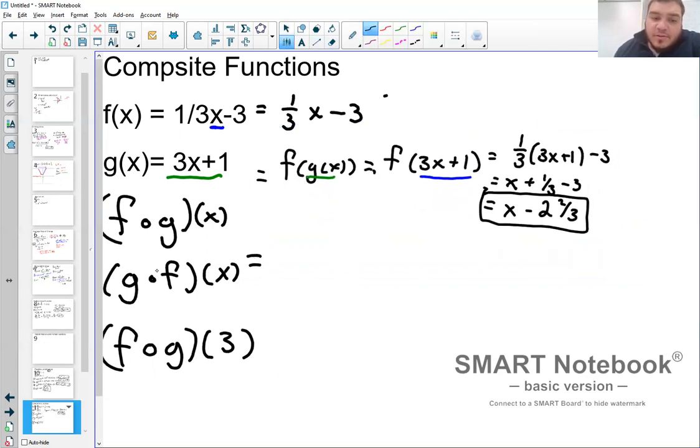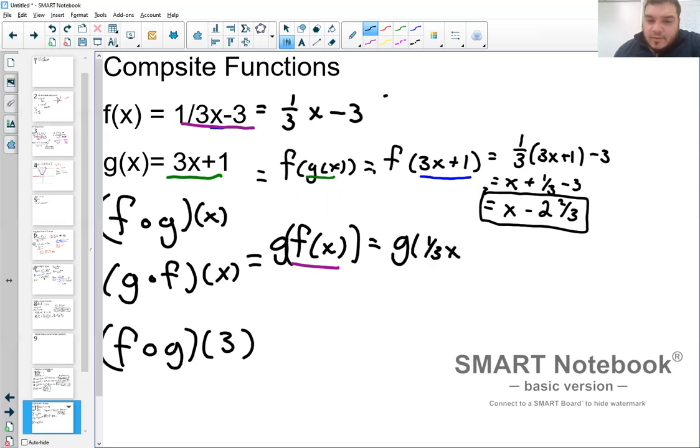The second one, we're going to do g of f of x, so slightly different. This is not commutative like normal multiplication is. So I'm going to replace the f of x with this equation right here. So it's going to be g of 1/3 x minus 3. Then I'm going to take 1/3 x minus 3 and plug it into the g of x.